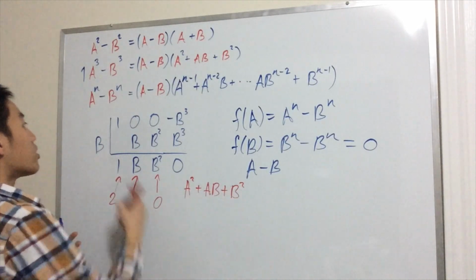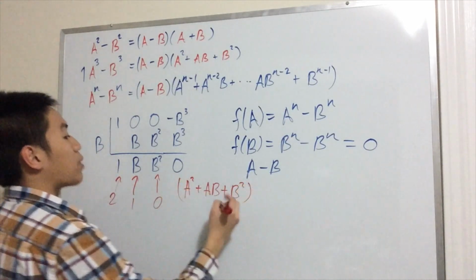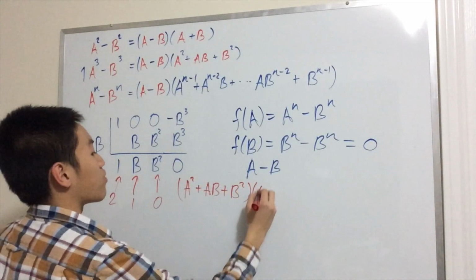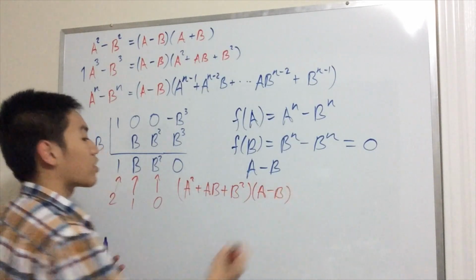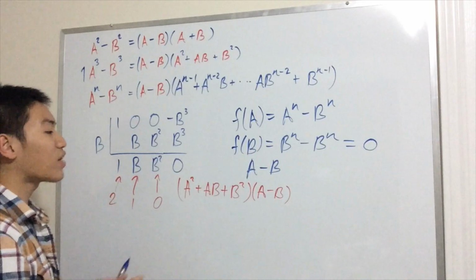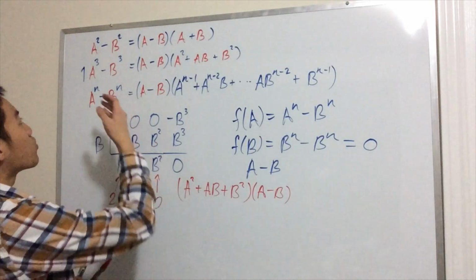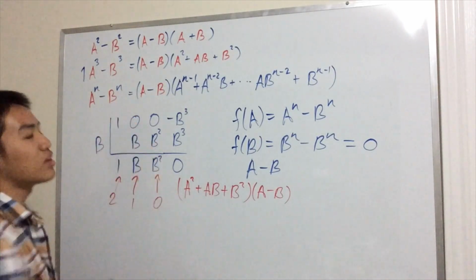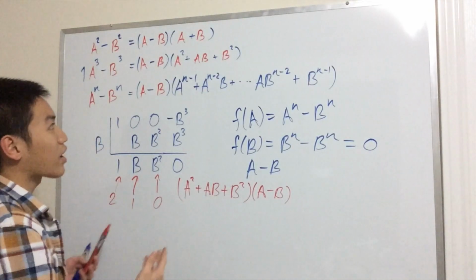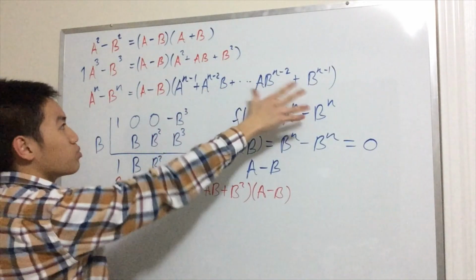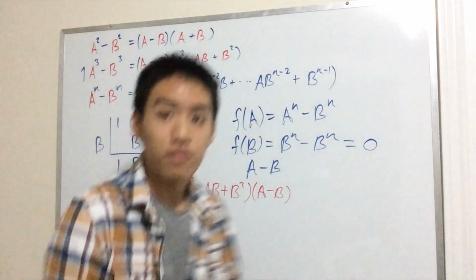No remainder, and remember we divided by a minus b, so we have a minus b. And that's the result of our synthetic division. We can verify that, in fact, when we have a to the n minus b to the n, a minus b is a factor, and it happens to work out to be this nice series we have here.